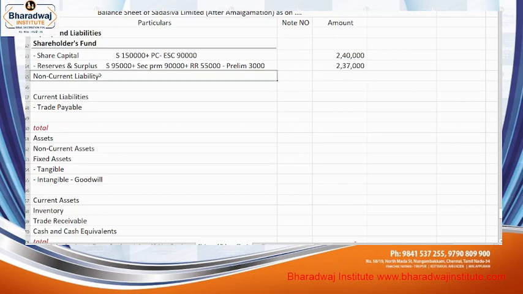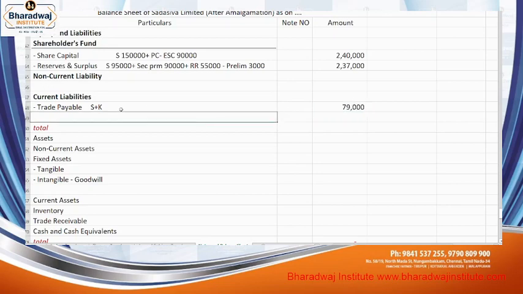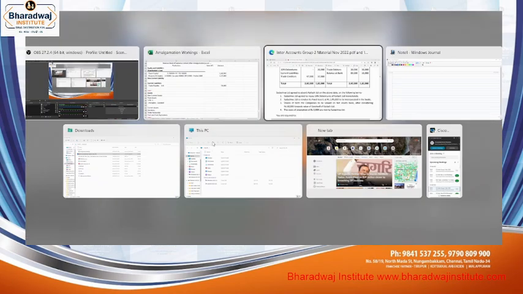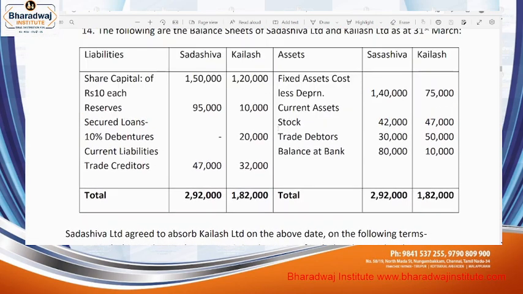Non-current liability? Oh, debentures are paid. Current liability, yes, you can add S plus K. How much? 79,000. Fixed assets you have to consider with the revalued amounts.